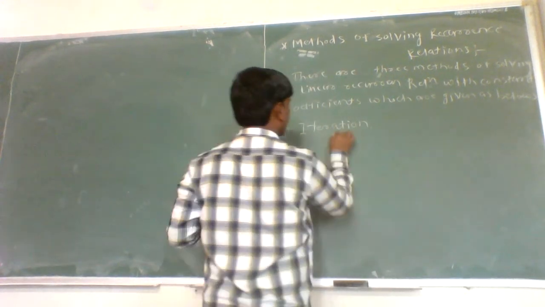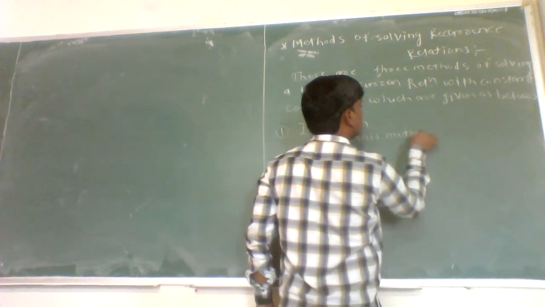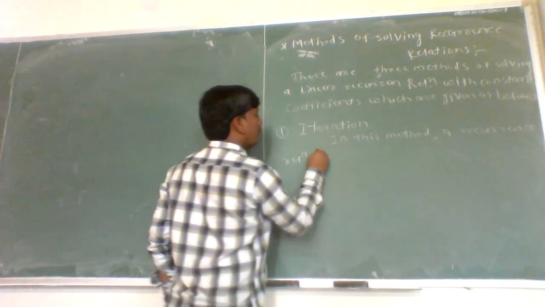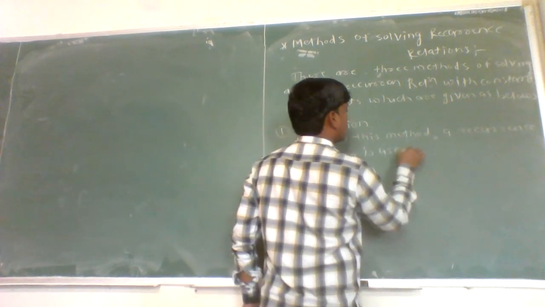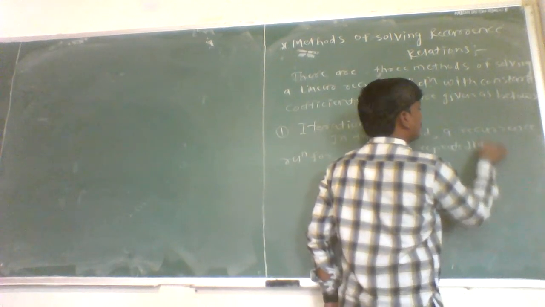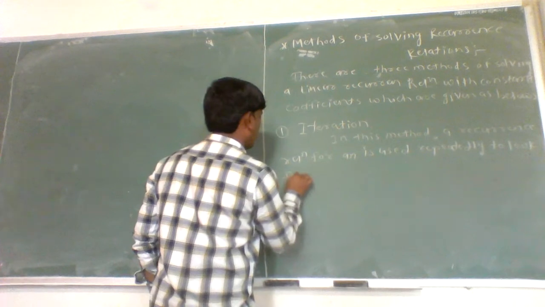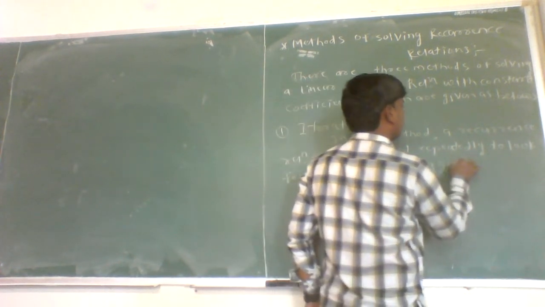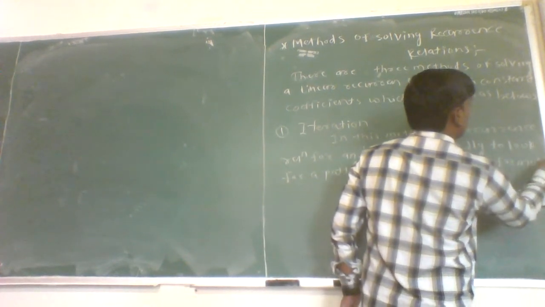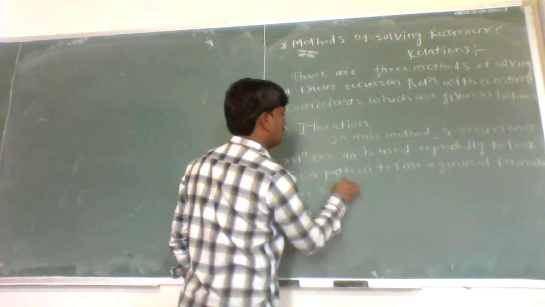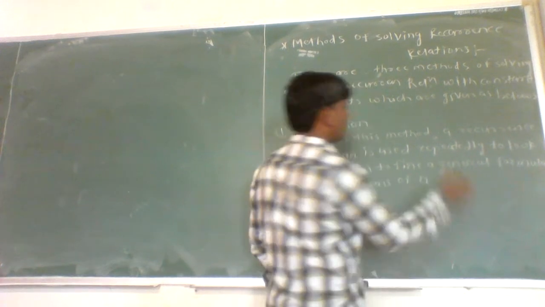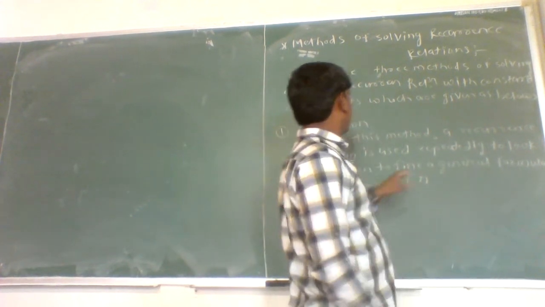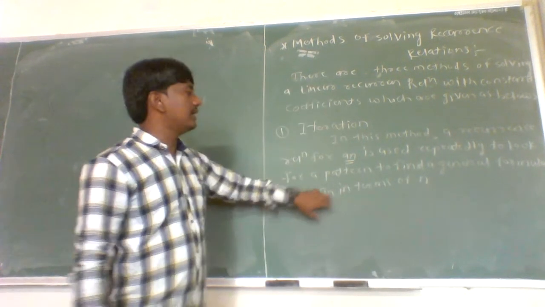In this method, a recurrence relation for a_n is used repeatedly to look for a pattern, to find a general formula for a_n in terms of n.